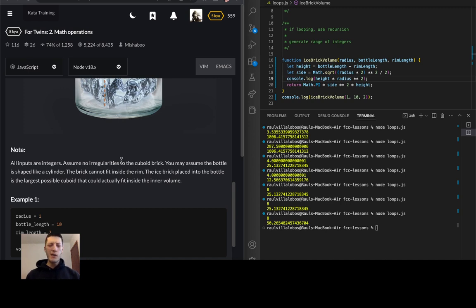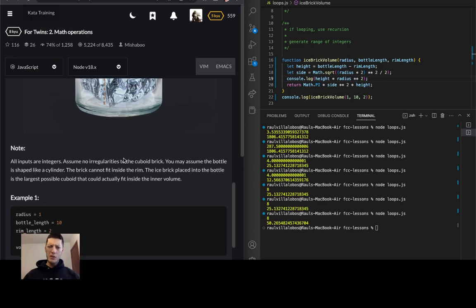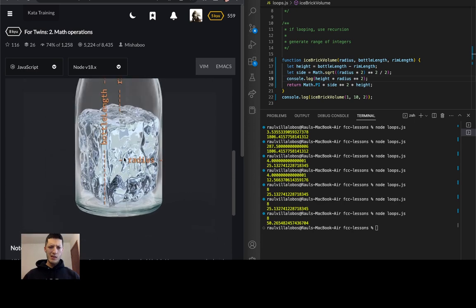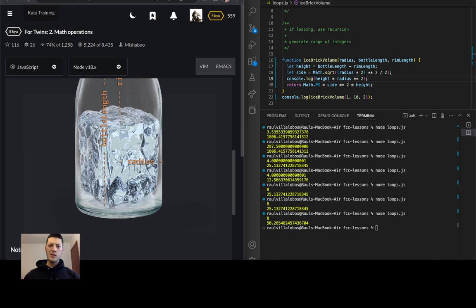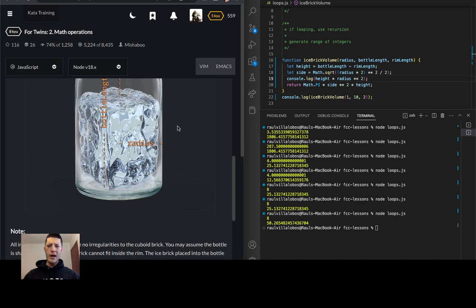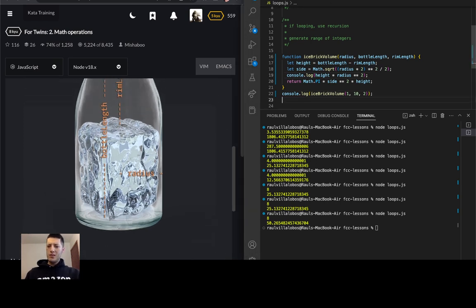I don't get it. It's supposed to be 16. Now it's 50? Bottle length, rim length. So height is 2 in this case?